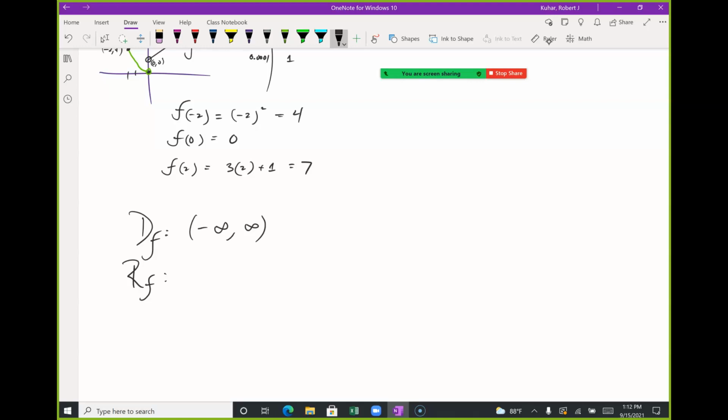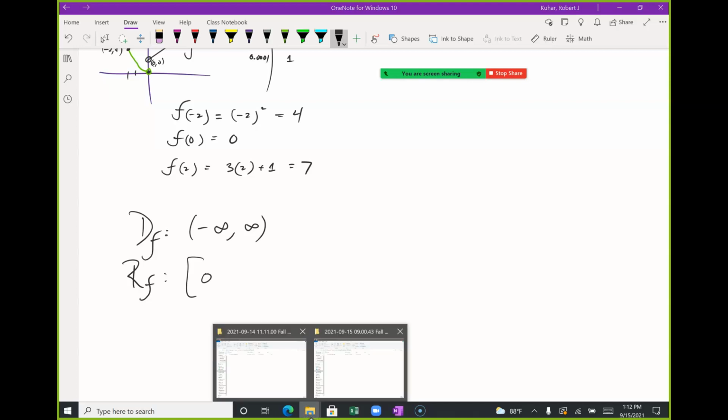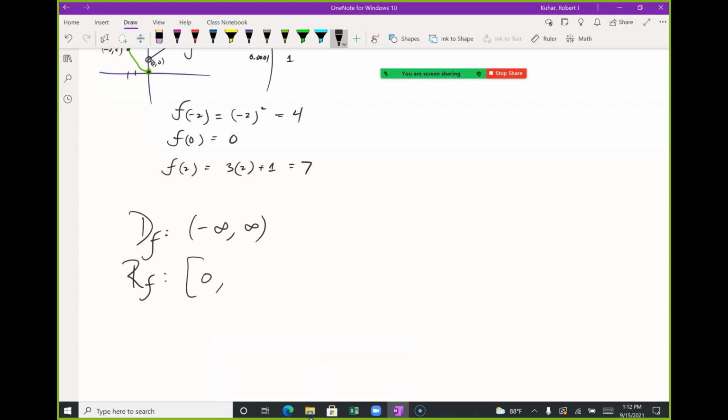So now we're doing shadows on the wall, right? So I'm saying, okay, cast the light this way. Where will it hit on the wall? So the lowest it hits is 0, right? And inclusive. So the lowest height I hit is 0. And then how far up is that green or black going? Going all the way up, right? Infinity. Yep. And is there any gap in the casting of the shadow on the wall here? No, right?